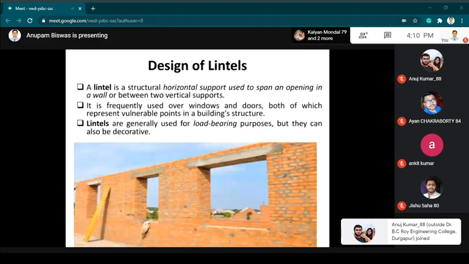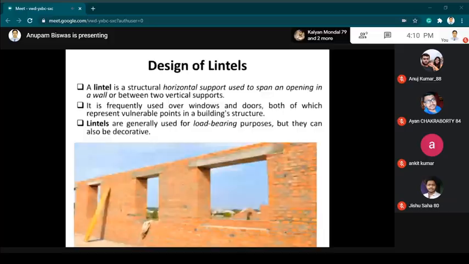As we discussed in the last class, today we will discuss the design of lintels. Lintels, as you know, are horizontal beam-like structures placed at the opening of any building. The opening could be a window or door.